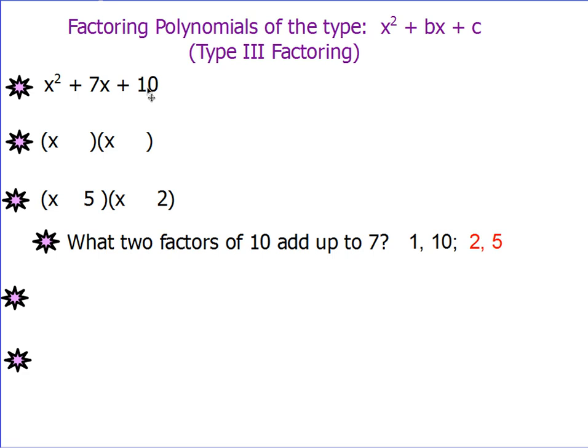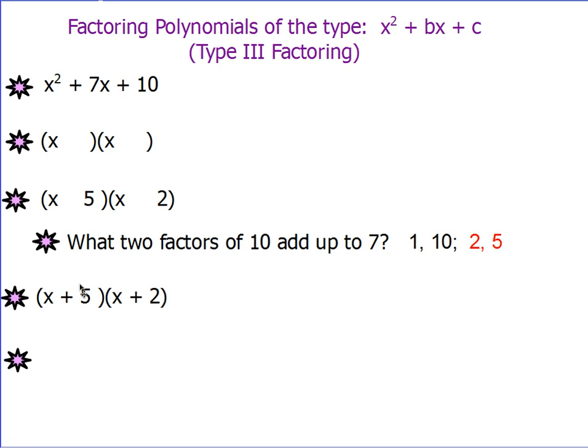How do I get a positive number when I multiply 2 other numbers? Well, it must be the case that both numbers are positive or both numbers are negative. Well, what's true in this case? I know that it has to be positive because of the outsides and the insides. I want to get a positive number when I add them together. So it must be that I'm adding 5 and I'm adding 2.